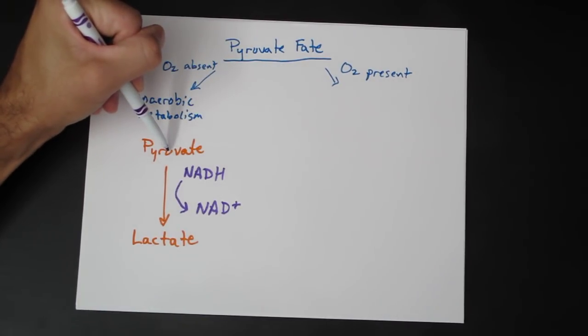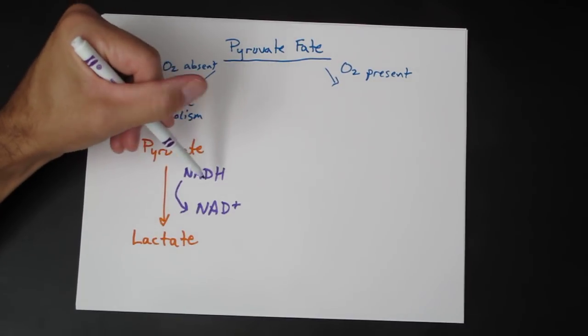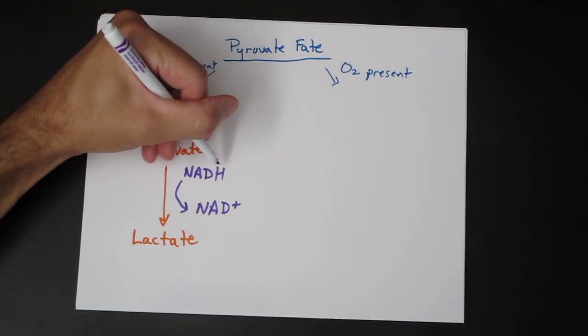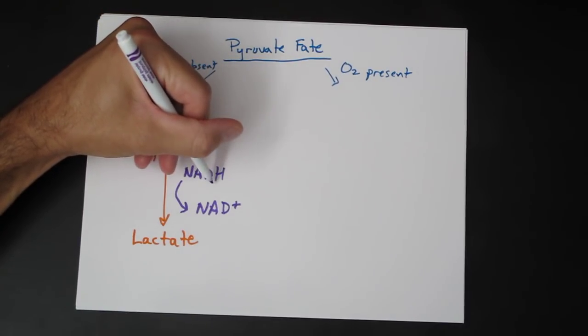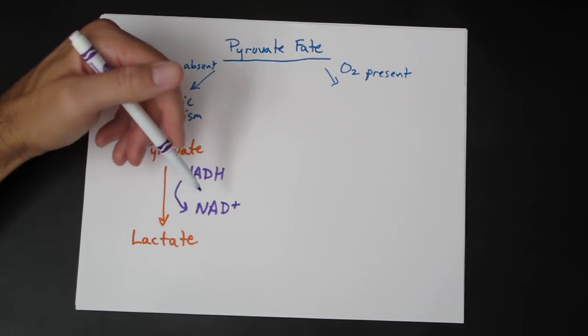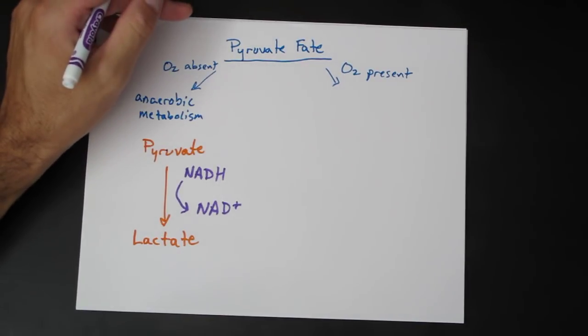However, by converting pyruvate back into lactate, what happens is that we recycle that NAD+, right? Here what we're doing is we are removing an electron from NADH, so we're oxidizing NADH, and we are reducing pyruvate to lactic acid, all right?